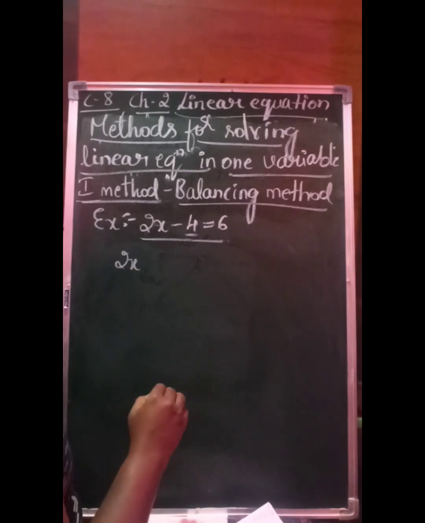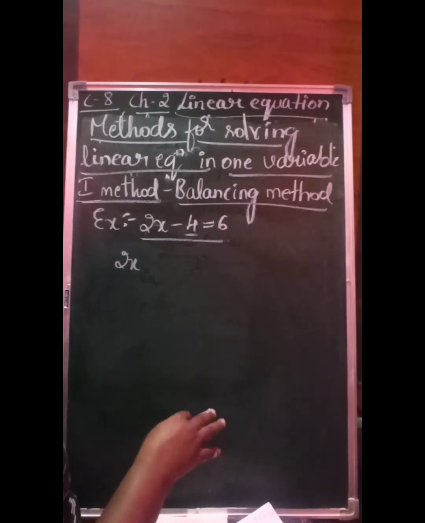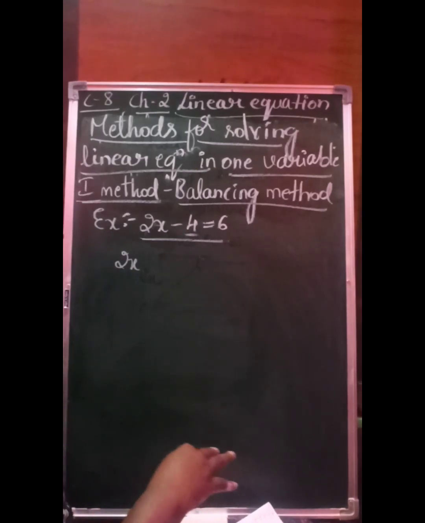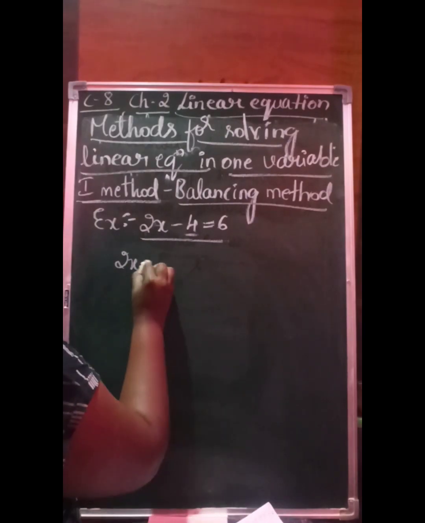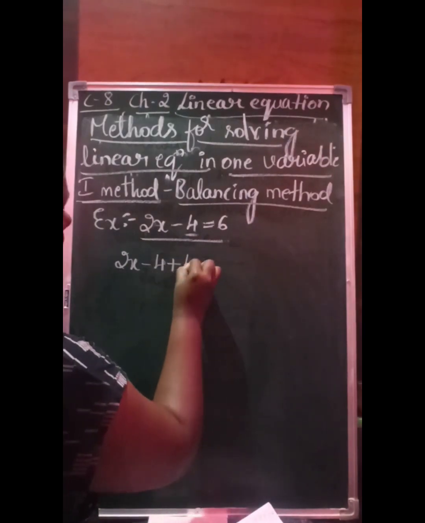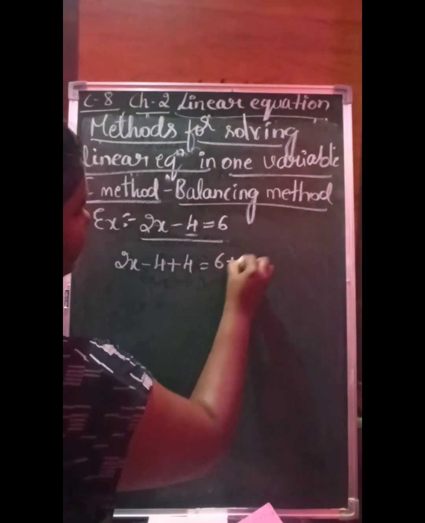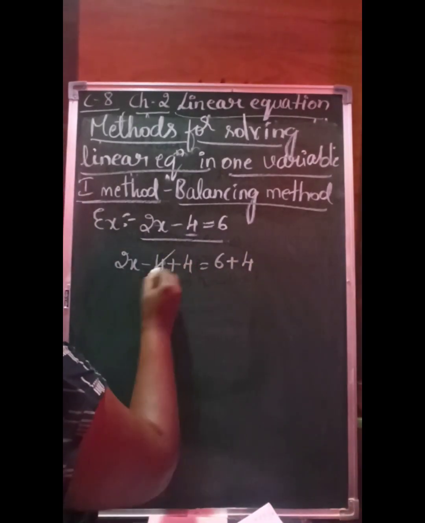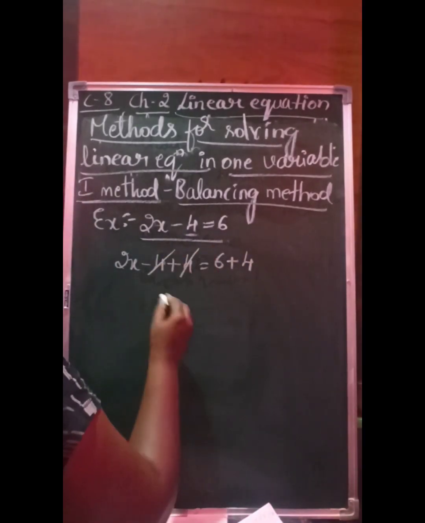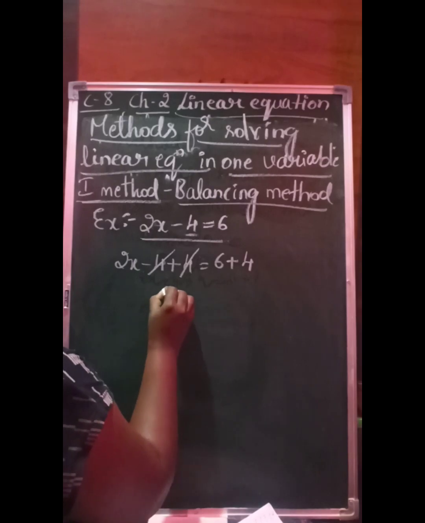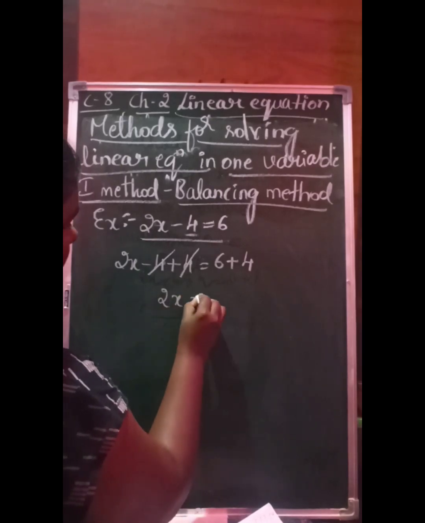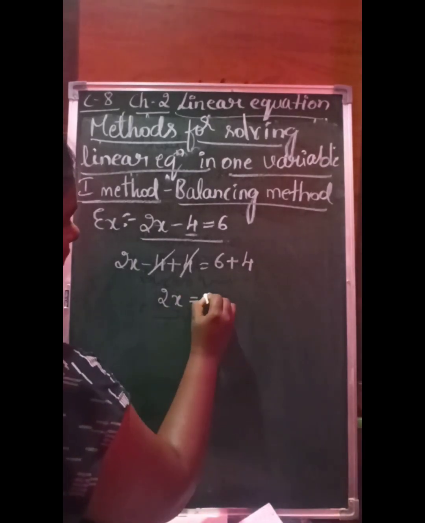Without altering the original equation, we have to apply the numbers on both sides. So I will add plus 4 on both sides, so that minus 4 plus 4 will get cancelled. So on the left hand side you are left with 2x equals, and on the right hand side you are left with 10.